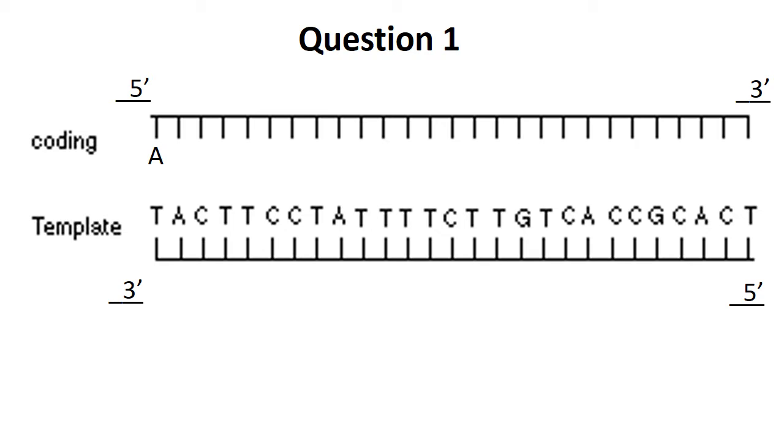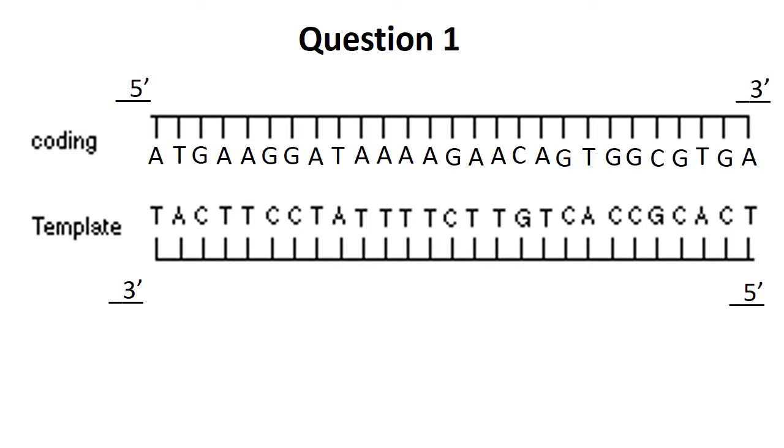For the next adenine, it will be thymine, guanine, adenine, adenine, guanine, guanine, adenine, thymine, guanine, adenine, adenine, adenine, and then I fill in the rest for you. You definitely should know how to do this on your own, but I just wanted to make sure everyone knows what I was asking for.